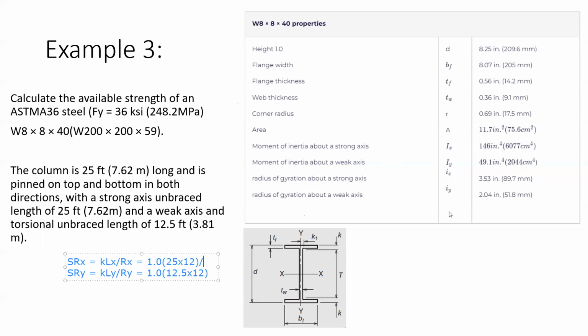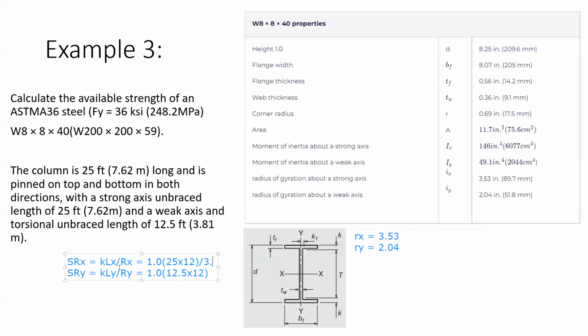Check natin to. So if we search for the W8 by 40, we will get Rx equal to 3.53, and we will also get Ry equal to 2.04. So this one we get from the steel manual. So if ever hindi siya given, search for it. If you're not allowed to search for it, you ask your instructor in case nakalimutan niyang ilagay. Okay? So let's go back.